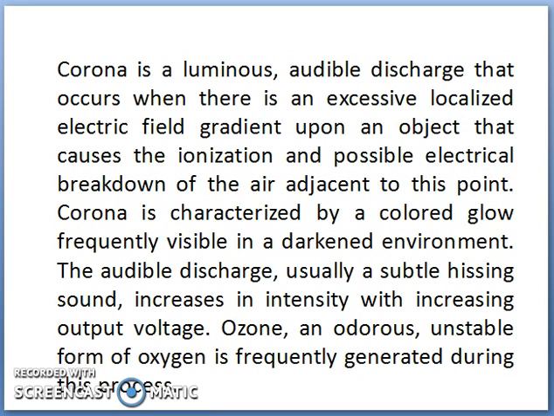Due to the potential gradient, the free electrons present in the air will start moving with certain velocity, and this velocity depends on the field strength. That means if you increase the applied voltage, the potential gradient also increases, and the velocity at which the free electrons are moving will also increase.